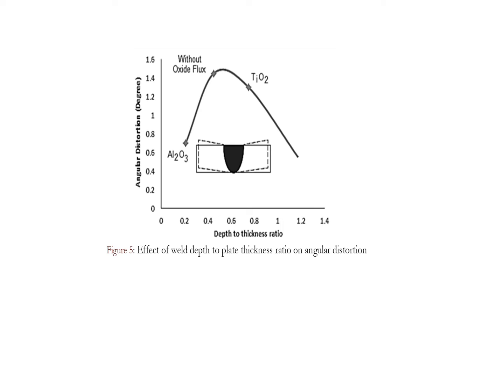This figure illustrates the influence of the weld depth to plate thickness ratio on angular distortions in the 304 stainless steel plate with and without flux. It is clearly observed that activated TIG welding results in a reduction in angular distortions of the weldment.